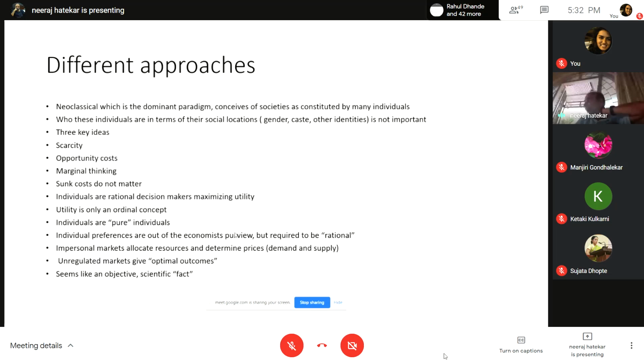Because of marginal thinking, sunk costs do not matter. So investments already made, costs already incurred, don't really matter in decision making. For example, if I go to a restaurant and order an expensive dish, and after tasting it I find that the dish doesn't taste very good, then I should not think of the fact that I've already paid for this huge dosa in front of me.